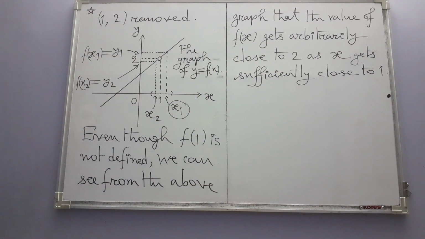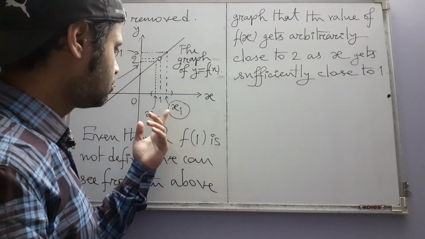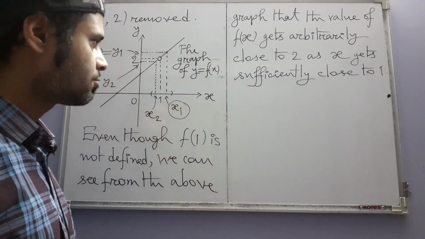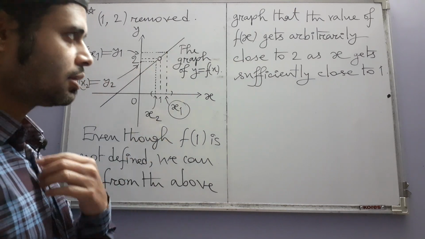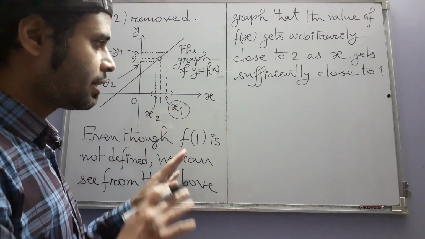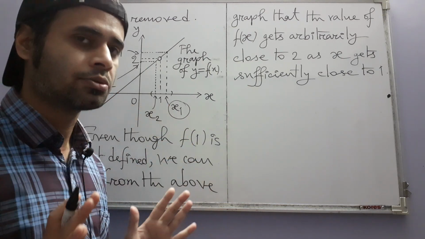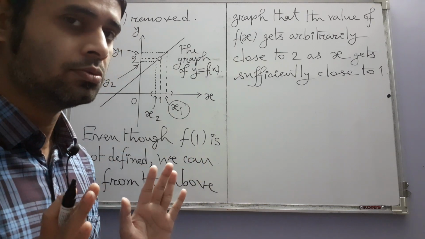So you can make f of x as close to 2 as you want by choosing x sufficiently close to 1, which is clear from the graph itself. However, you can note that you can never make f of x equal to 2.